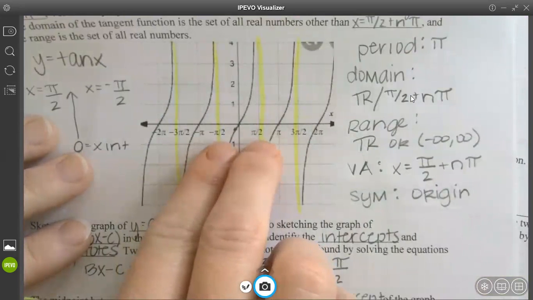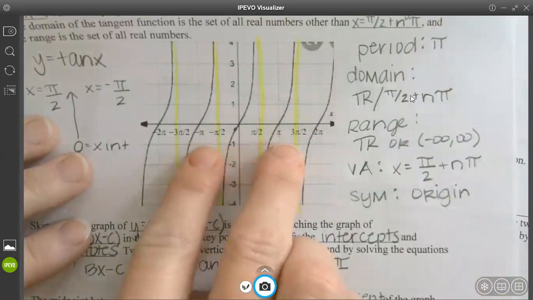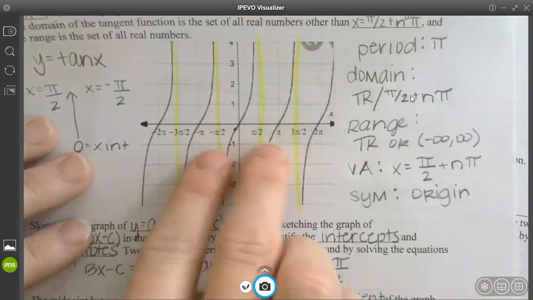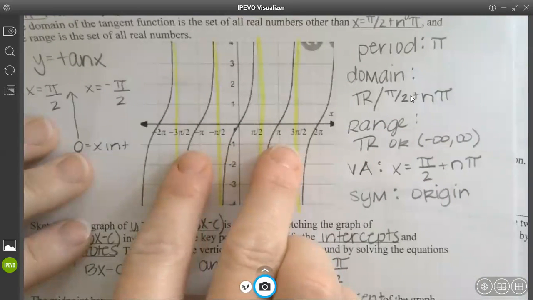Pi over 2 and negative pi over 2. The last ones were, look at your paper. What were your vertical asymptotes? The first two we marked. Pi and negative pi, right? So what happened? What did it do?